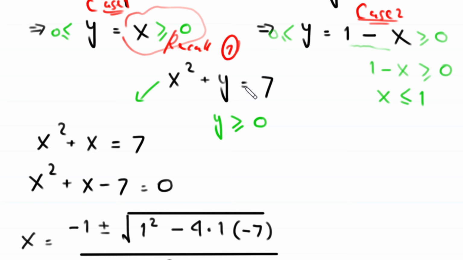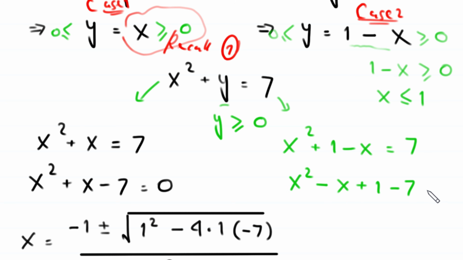So in equation 1, we replace y with 1 minus x, then equation 1 becomes x squared plus 1 minus x equals 7. Move this 7 to the left hand side, this becomes x squared minus x plus 1 minus 7 equals 0. Further simplify, this becomes x squared minus x minus 6 equals 0.